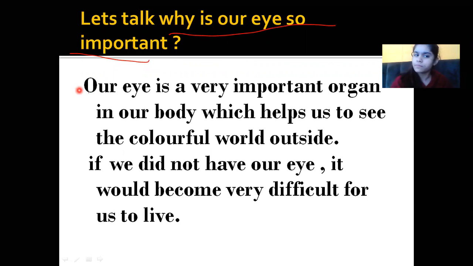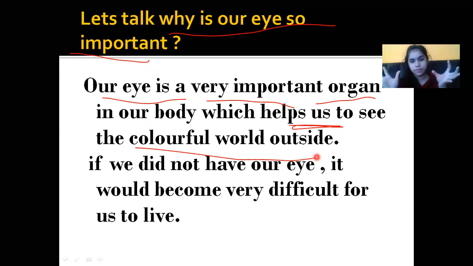It is a very important organ in our body which helps us to see the colorful world outside. My eyes are important for me because they help me see what's happening around me. If I didn't have my eyes, I would not be able to see everything around me.